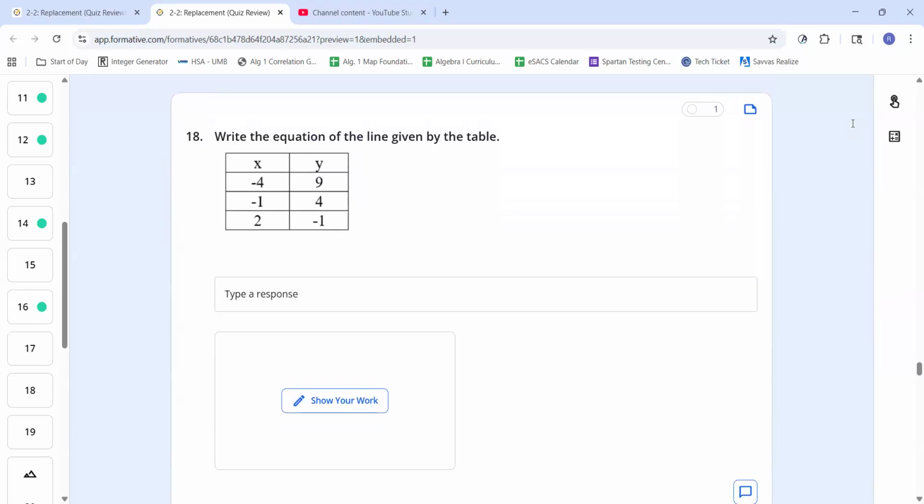Do number 18 here. We want to write the equation of the line given by the table. Not sure if we had very many of these. Okay, but I'm going to show you how to do it right here. So it really isn't any different than what we just did. We actually have 3 points. Okay, I have negative 4, 9. I have negative 1, 4. And I have 2, negative 1.